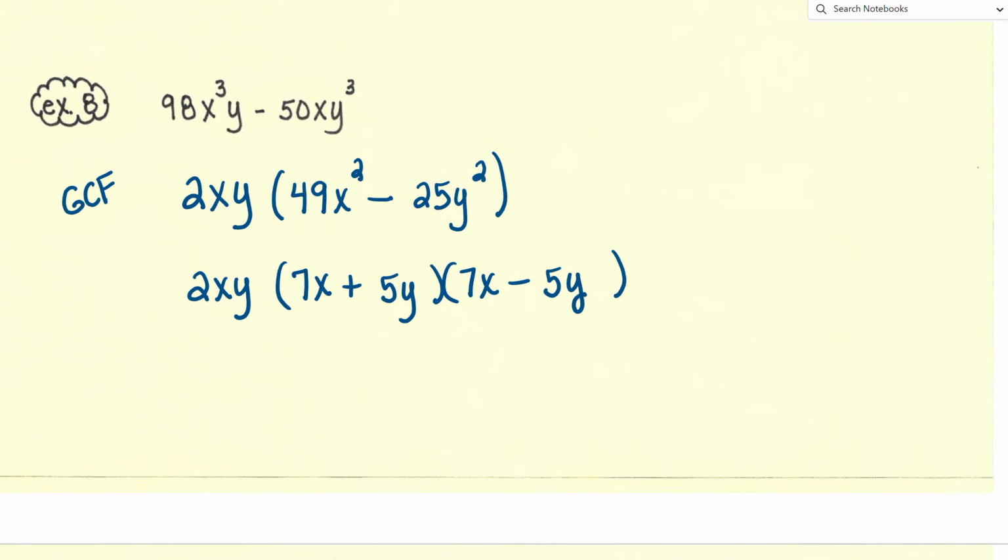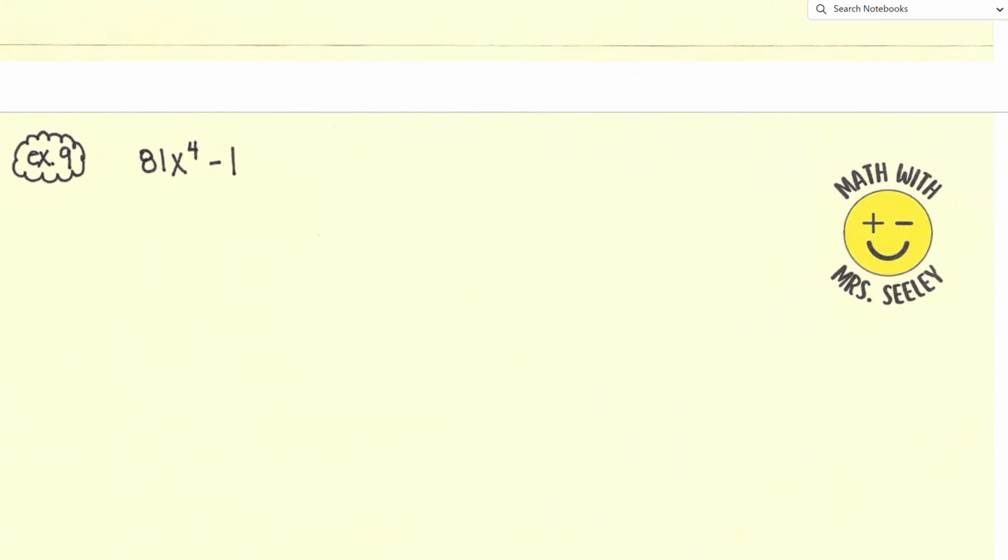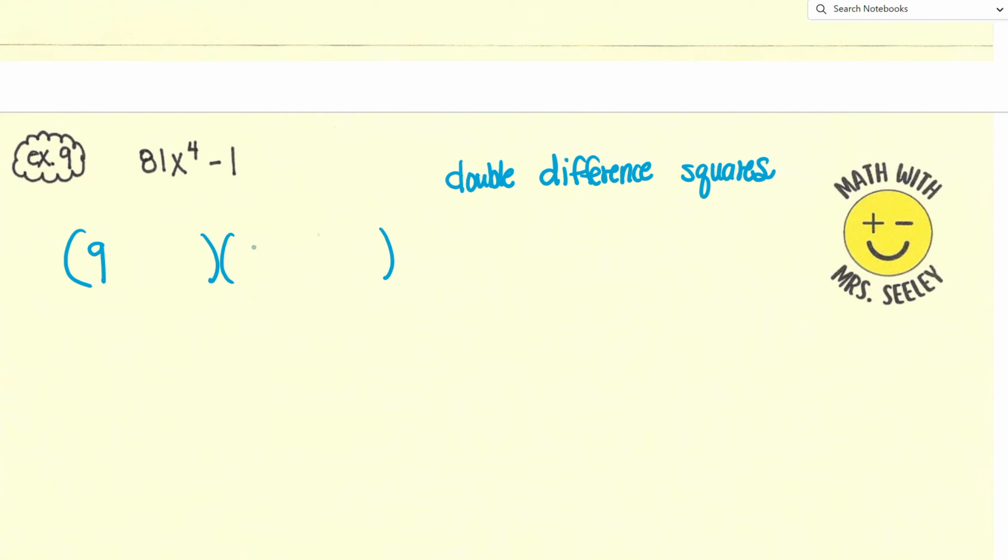These last two examples are double difference of squares. In a double difference of squares, you have to do it twice, or double. All right, so it still fits the pattern of a difference of two squares. So I'm going to draw my parentheses. 9 times 9 is what I square to get 81.